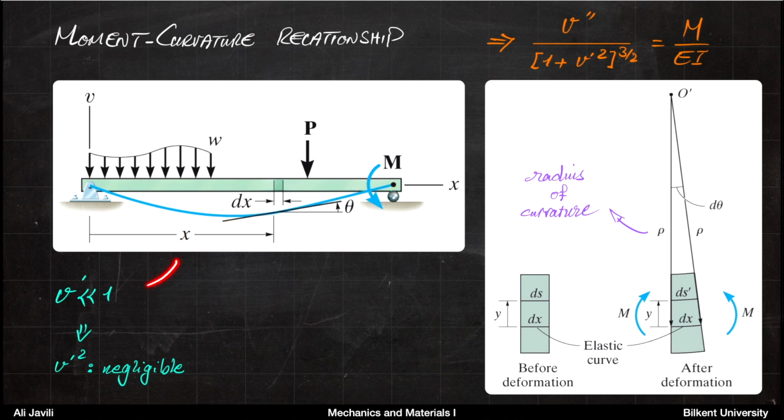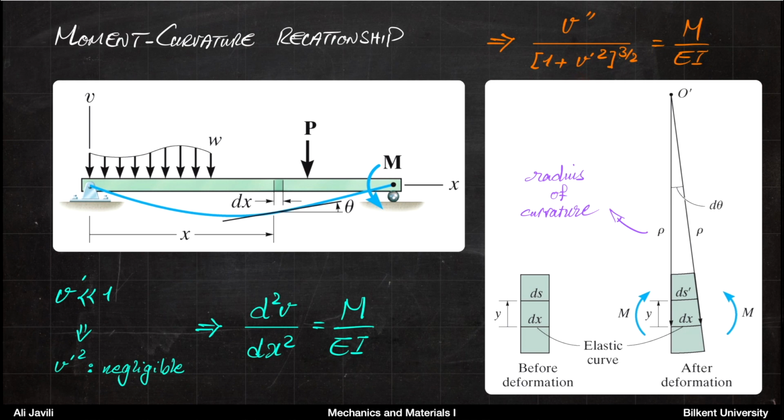So if v prime is a very small number, v prime squared is even smaller, it's negligible. So this term altogether does not play a crucial role. If 1 is added to a very small number, you get basically almost 1 itself, and therefore we neglect that term.